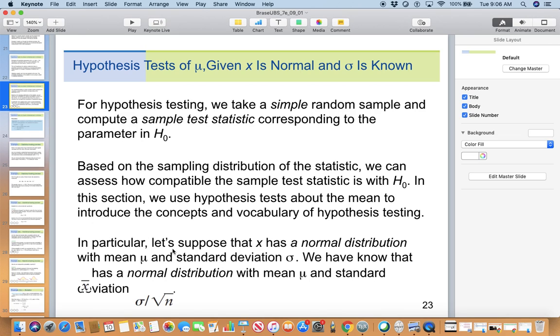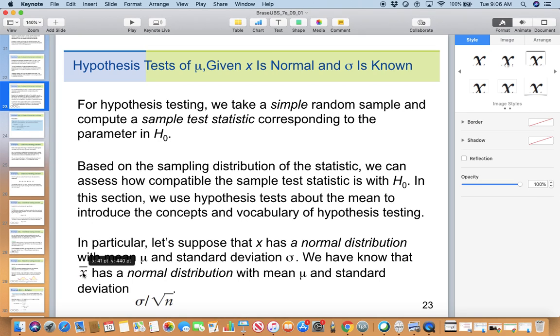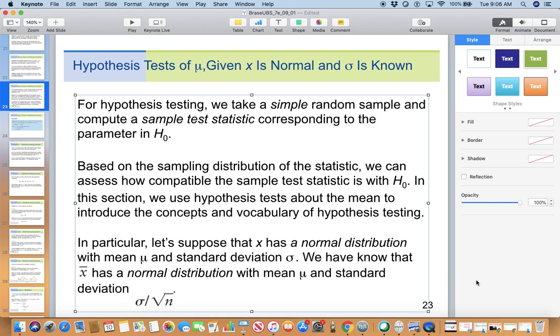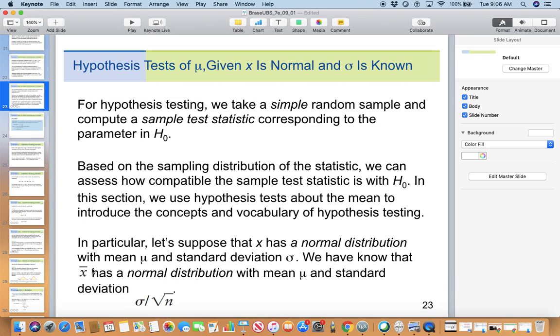In particular, let's suppose that X has a normal distribution with mean mu and standard deviation sigma. We know that X bar has a normal distribution. Because X has a normal distribution, X bar, this is the sampling distribution, also has a normal distribution with the same mean and standard deviation sigma over square root n, n being the sample size.